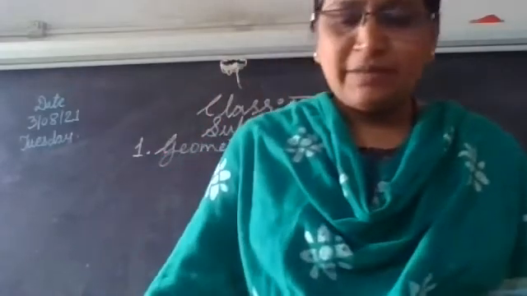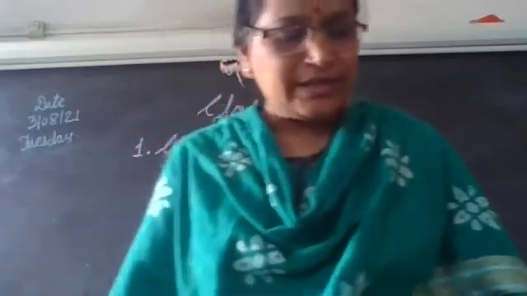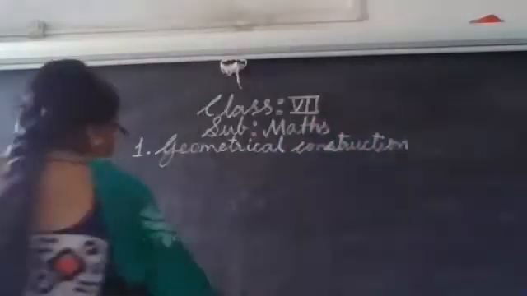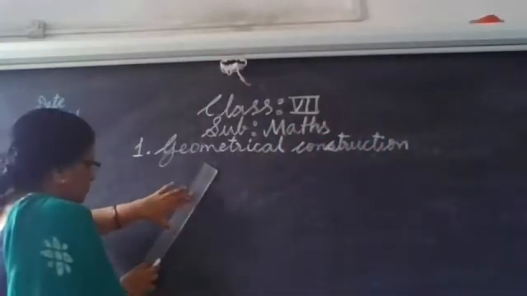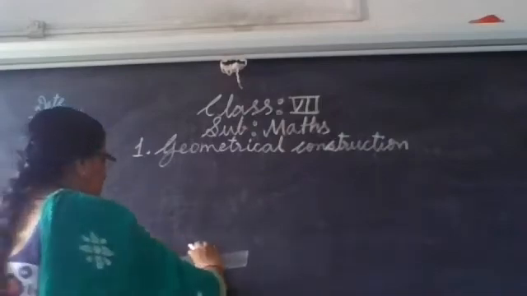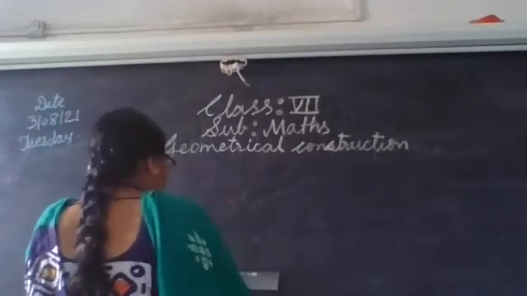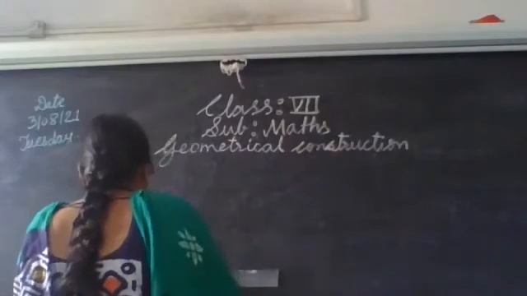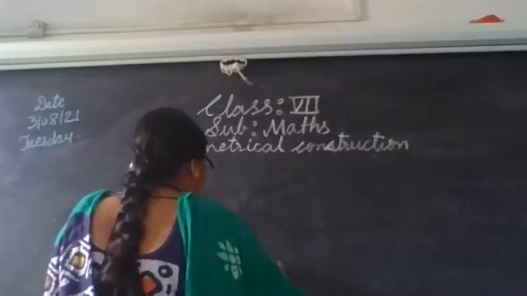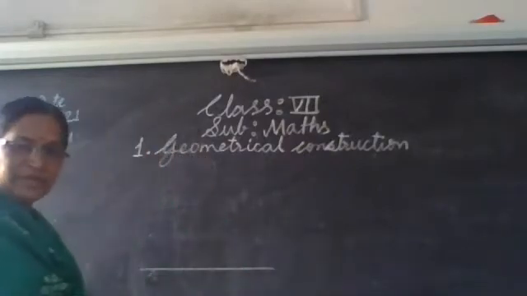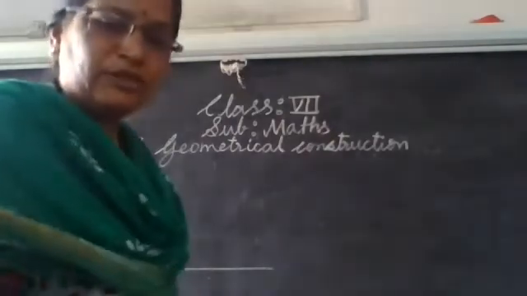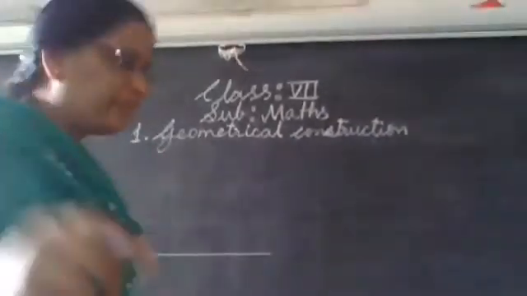So let's see, beta. Let us draw an angle of any measure. So very first we will draw a line segment. It is what? Base of the angle. Okay.